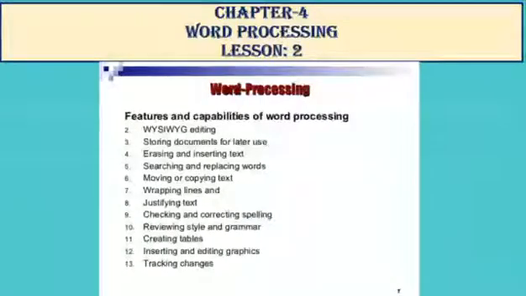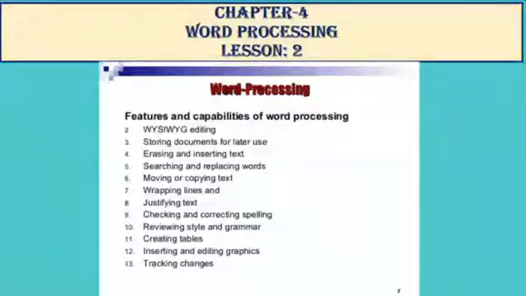So my dear students, the features and capabilities of word processing are: WYSIWYG editing. Number 3, storing documents for later use. Number 4, erasing and inserting text. Number 5, searching and replacing words. Number 6, moving or copying text.